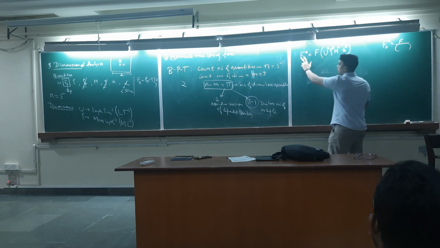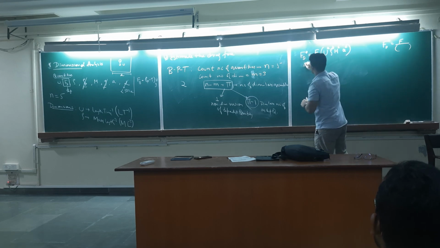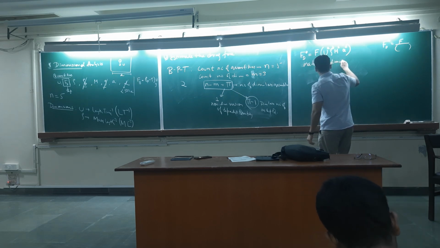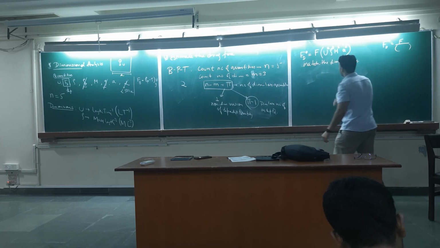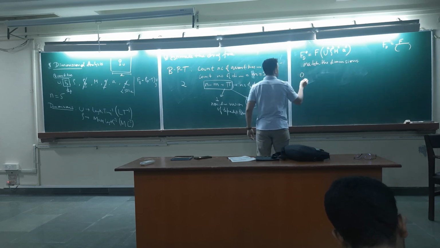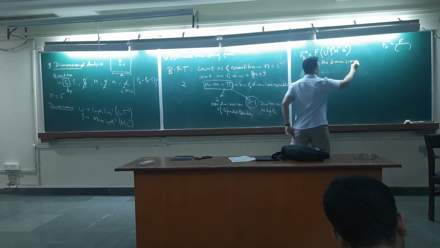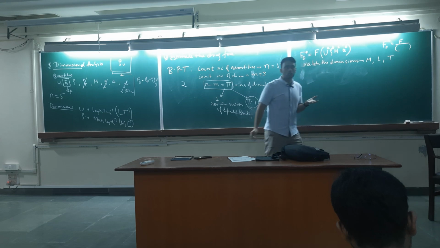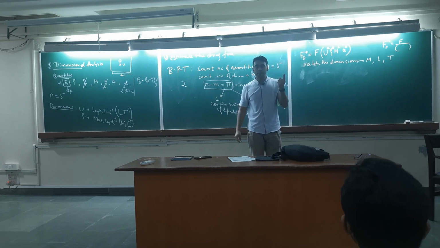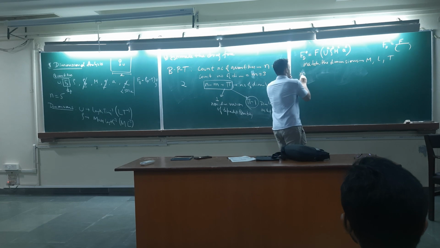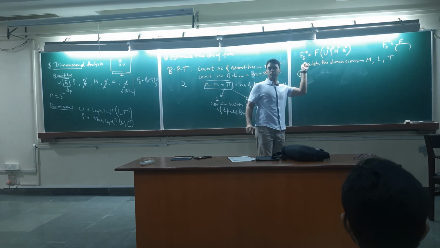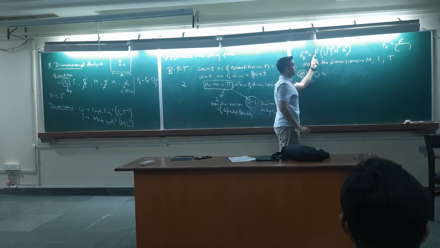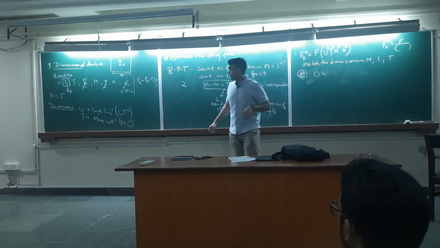So what will we do? What are the dimensions here? We will match the dimensions. Dimensions on the left are 0, meaning M, L and T. We'll start with M. How many dimensions of M on the left? 0, right? That is equal to how many dimensions of M in F?